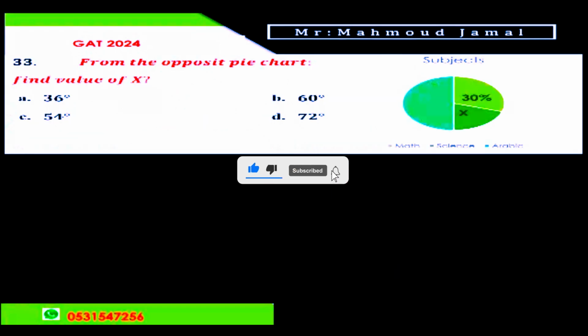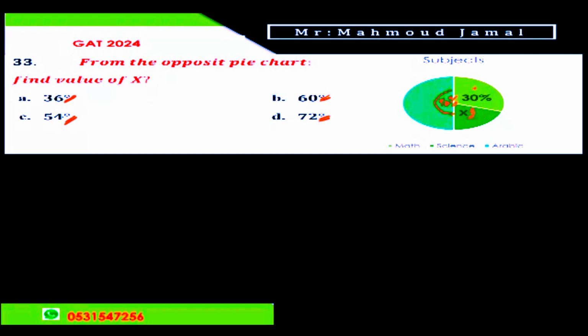From the opposite pie chart, find the value of x. We know here it's 30 and this is 1x, but this is the half of a circle, or semicircle. This is a semicircle, so it has to be 50% if we're talking about the percent. But if you focus here, this is degrees. We ask about the measure of the angle that represents x.